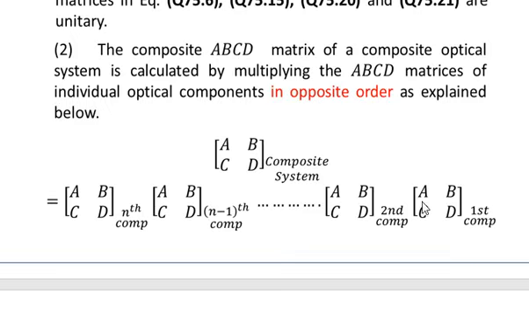The first component through which the ray will pass will be the first component, and then after passing through the first component the ray will pass through the second component, and so on. So you see that we have to multiply them in this order, that is in the opposite order. That is, the last matrix will be written first at the first position, as we have written the nth component of the matrix, and similarly the matrix multiplication is done in order to find the ABCD matrix of a composite system.